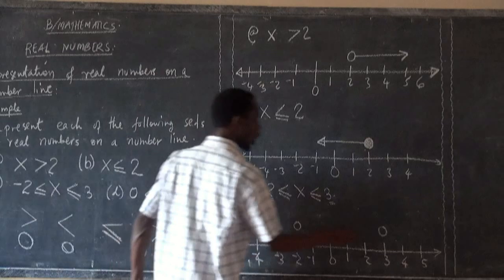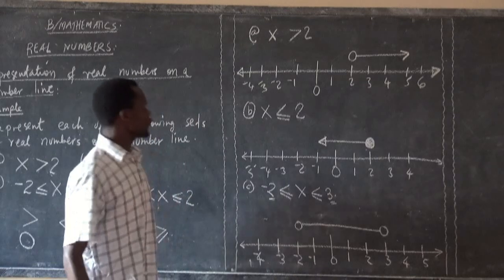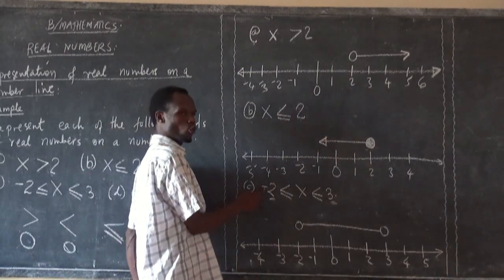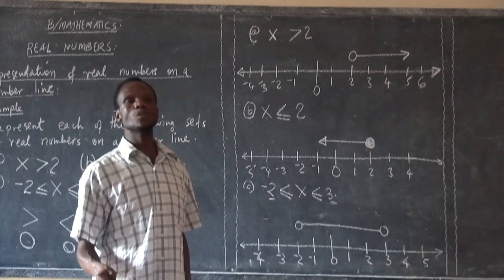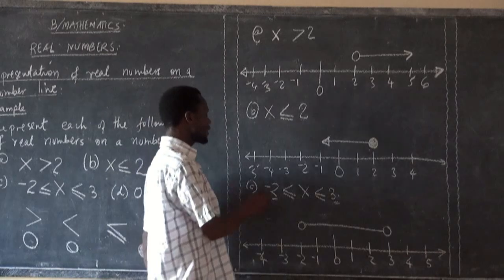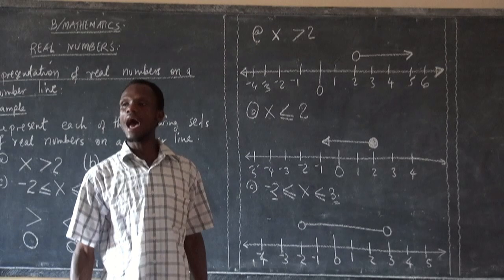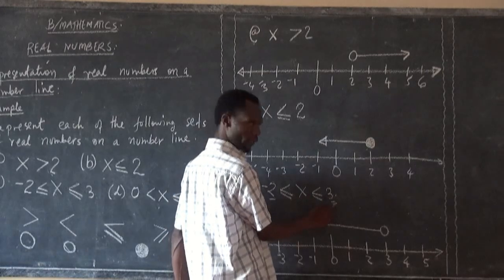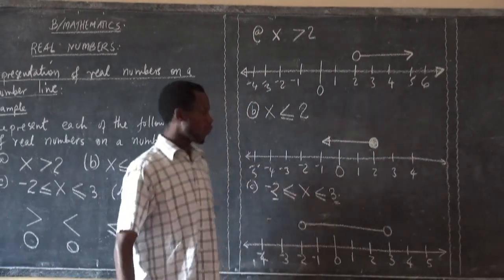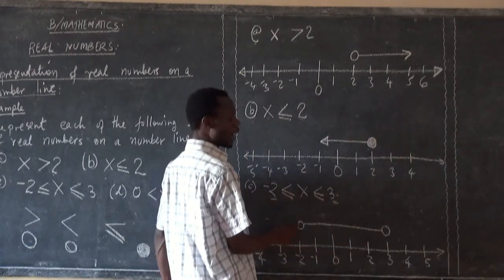Then we join the dots. It means we're talking about the numbers which exist between -2 and 3. Kwa hapa tunazungumzia tu namba ambazo ziko kati ya hasi 2 na chanya 3.